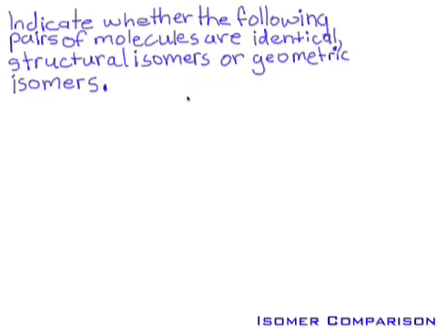In this homework problem, you were asked to indicate whether the following pairs of molecules are identical, structural isomers, or geometric isomers. So let's begin by drawing the first pair of molecules and see what we can come up with. The first pair possessed a chlorine bound to a double bond. And then we had an H and a CH2Cl.